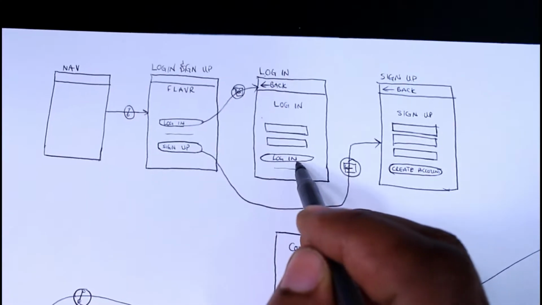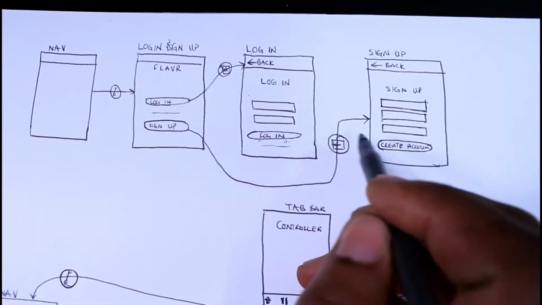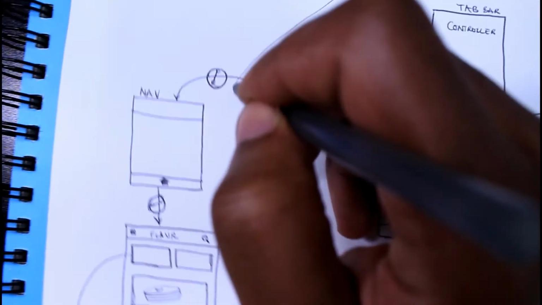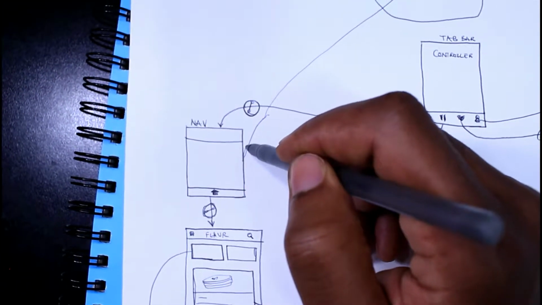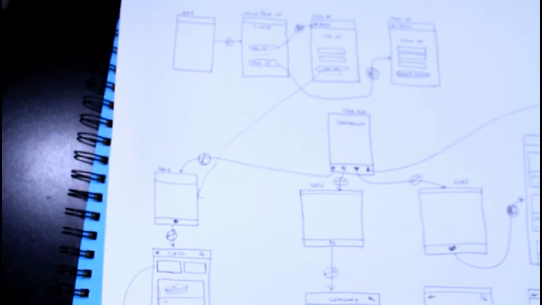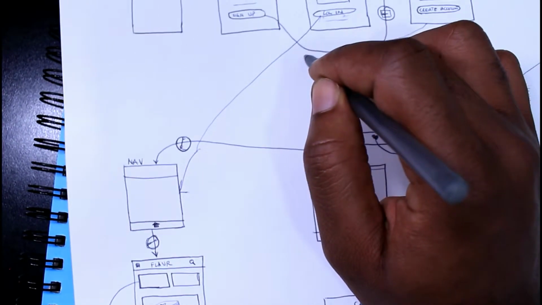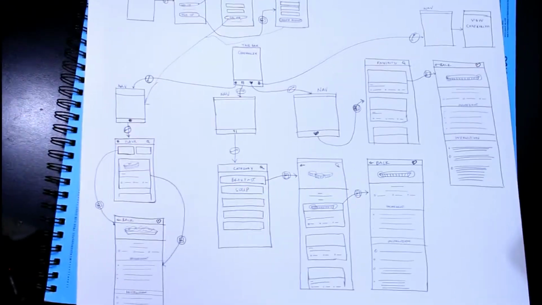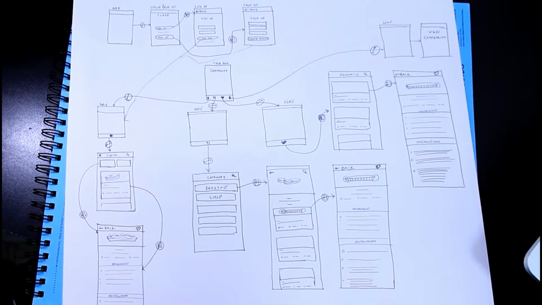So once a user is authenticated successfully, from the login or from the create an account, then they're going to be taken directly to this home. So either you create an account or you log in successfully, then you'll be taken to this home. So this is a rough sketch of the whole wireframe.